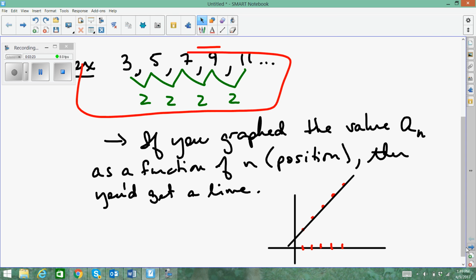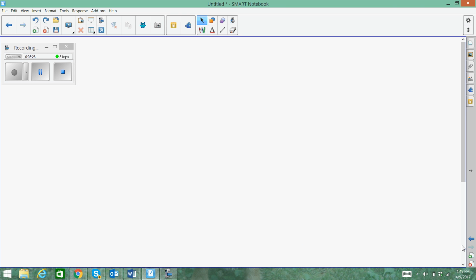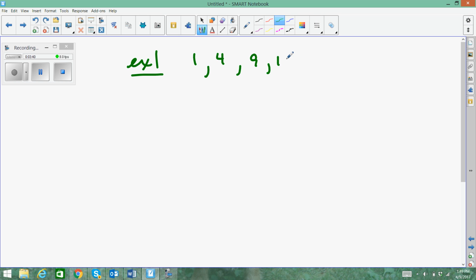Let's do some practice just identifying these things. So which ones of these are arithmetic? Okay, example 1. And you can determine, while I'm writing these out, which one is.